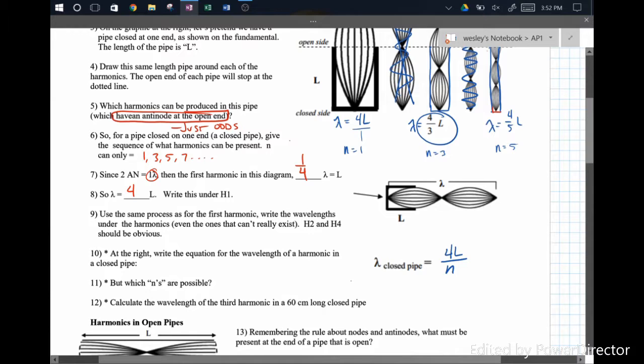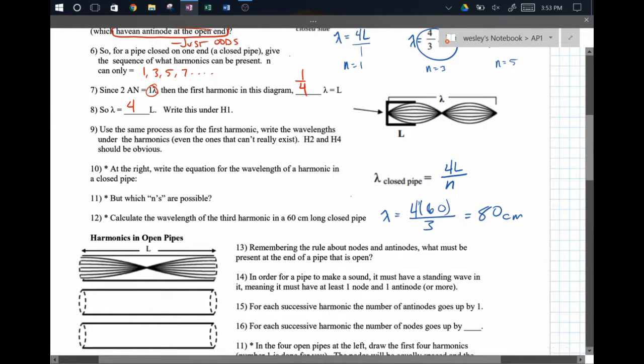Calculate the wavelength of the third harmonic in a 60 centimeter long closed pipe. So we're just going to use that. Lambda is equal to 4 times 60 centimeters divided by 3. That's going to be 80 centimeters.